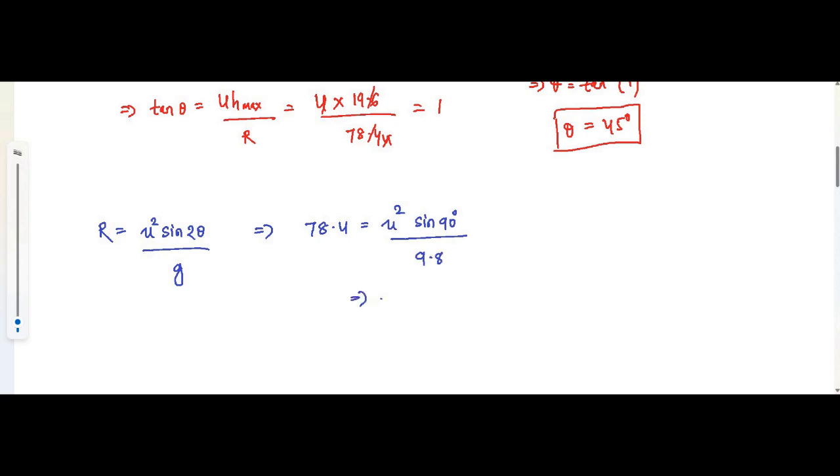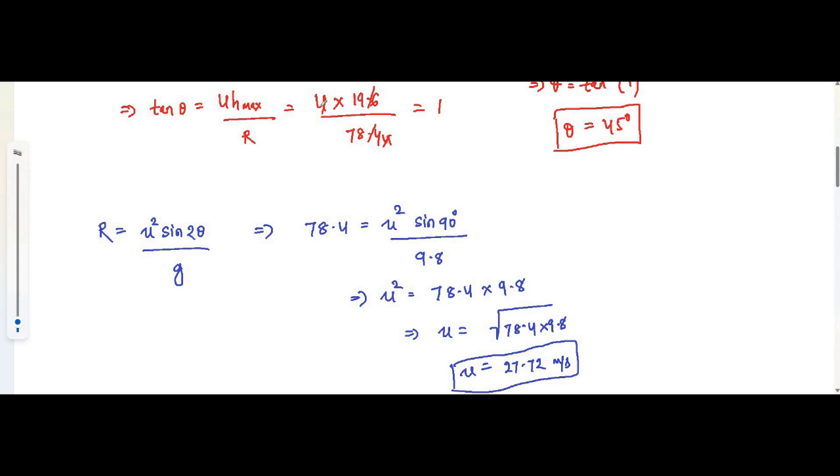That implies u square is equal to 78.4 into 9.8, since sine 90 degrees is 1. That implies u is equal to root over of 78.4 into 9.8. So it is coming around 27.718. Rounding it off, 27.72 meters per second.